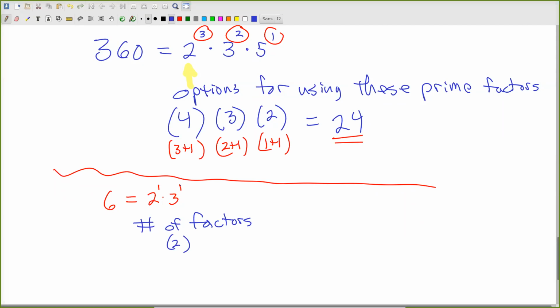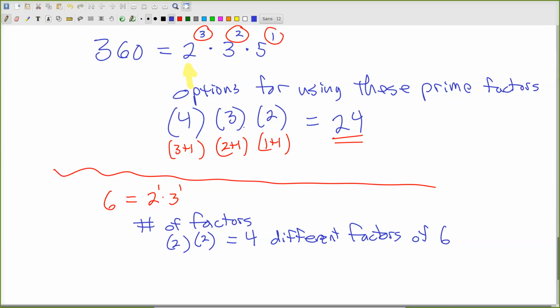The 3 is either present once or not, so that's 2 ways to use that. 2 times 2 is 4, so there should be 4 different factors of 6. And then we could seek them out if we wished. And we know that they are 1, 2, 3, and 6. Yeah, I almost said 4, that would have been dangerous.